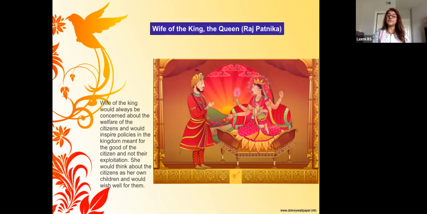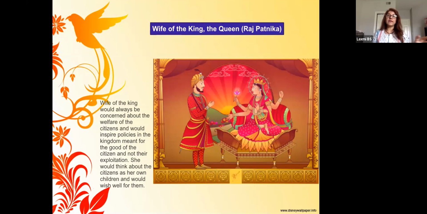All right. So the fourth one is the wife of the king, who is a queen, and we call her Raj Patnika as well. Raj means Raja and Patnika is wife, right? So Raj Patnika is the queen. The wife of the king would always be concerned about the welfare of the citizens.